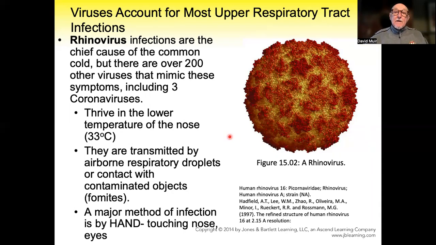So the reason that they so rapidly extend through the upper respiratory tract is that the temperature in the upper respiratory tract is rather lower than it is in the rest of the body, around about 33 degrees Celsius, as opposed to 38.5 in the rest.